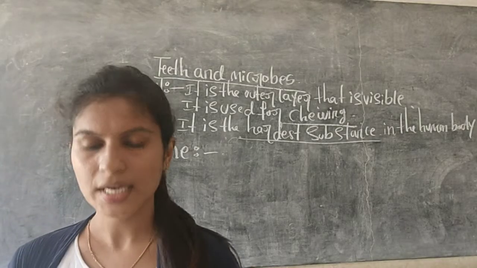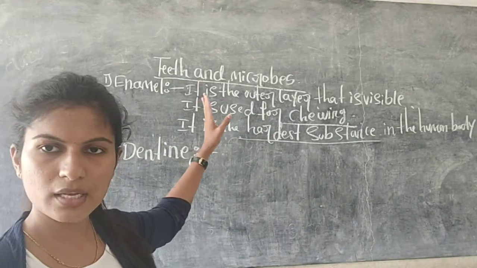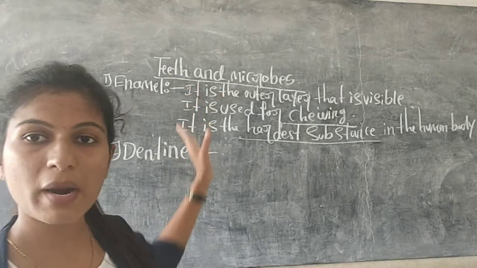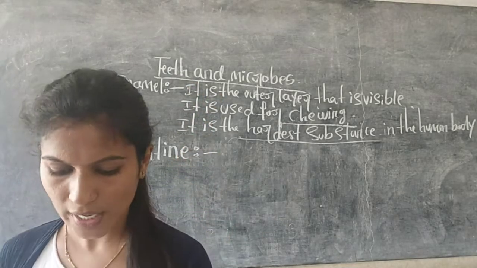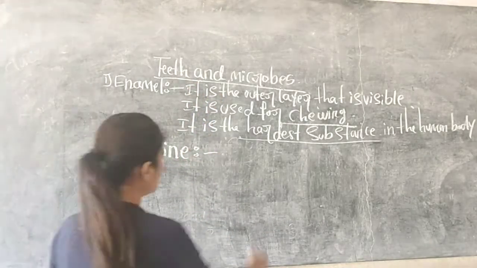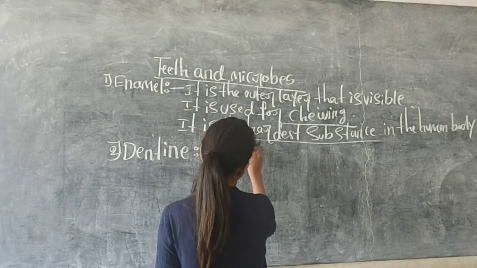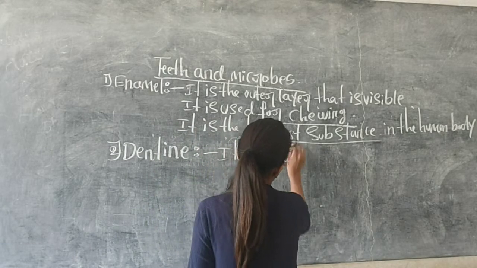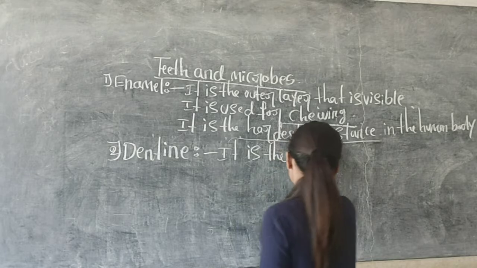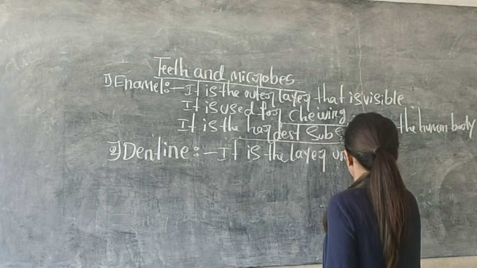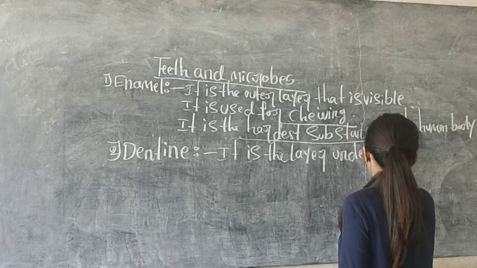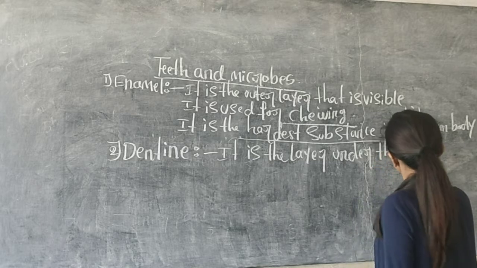Dentine is the layer under the enamel. After the enamel, under the enamel, which part can you see? Dentine. So we can say it is the layer under the enamel.